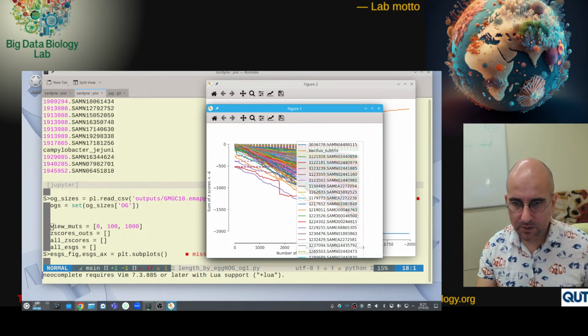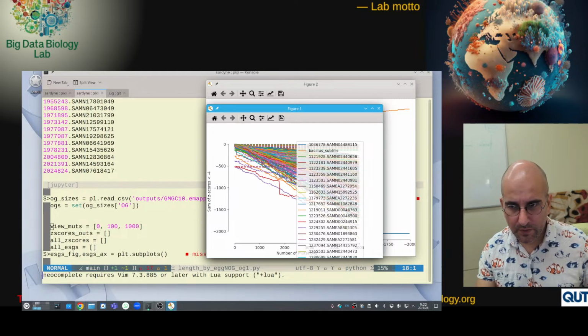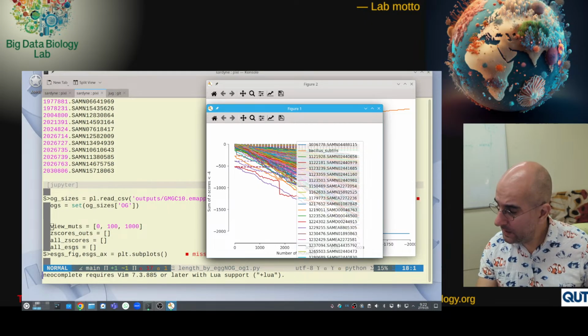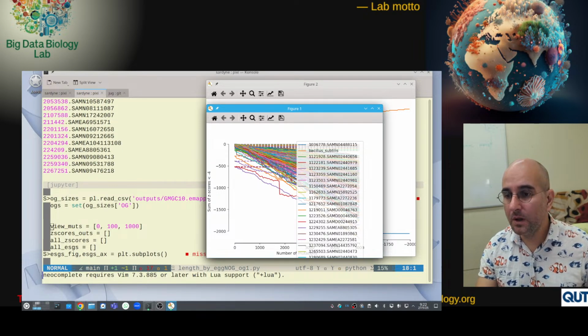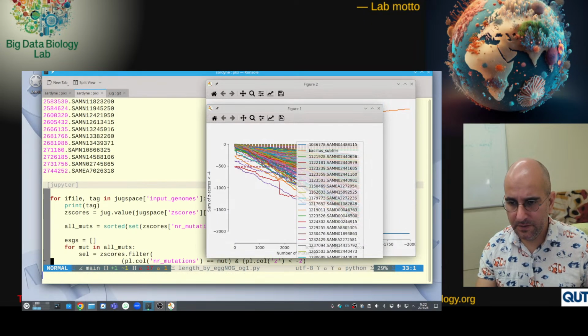The second idea would be, instead of using all directly, maybe, if it turns out that these genomes there have shorter genes overall, and it's not concentrated in a few, maybe we can adjust for that. So that would be the other idea.